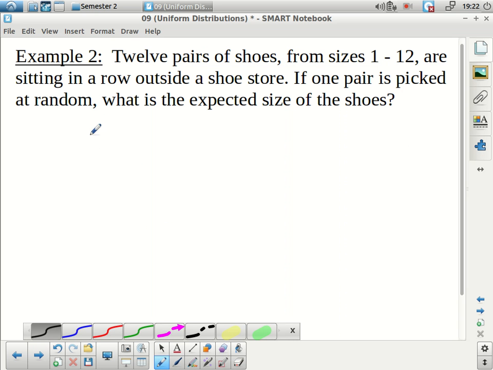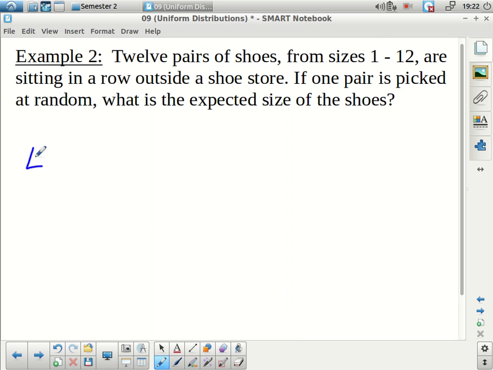I don't need to make a table to do this expected value because I know that the probabilities are all going to be the same, and there wouldn't be much point writing that table. Although maybe I'm going to back up a second here. We'll just write that down at the start. For all my probabilities, I have 12 pairs of shoes, so the probability is going to be 1/12.